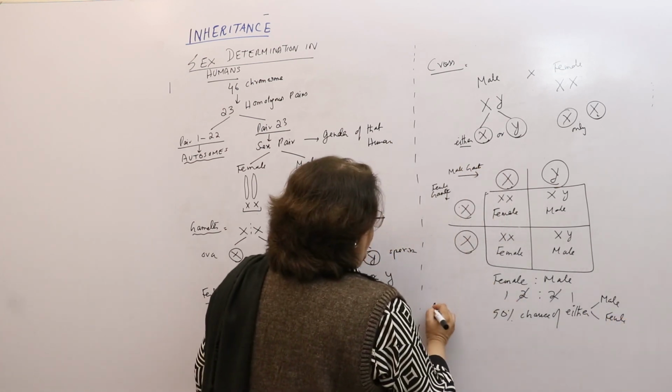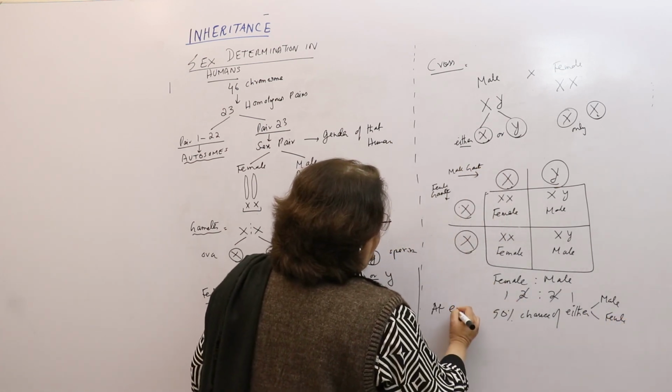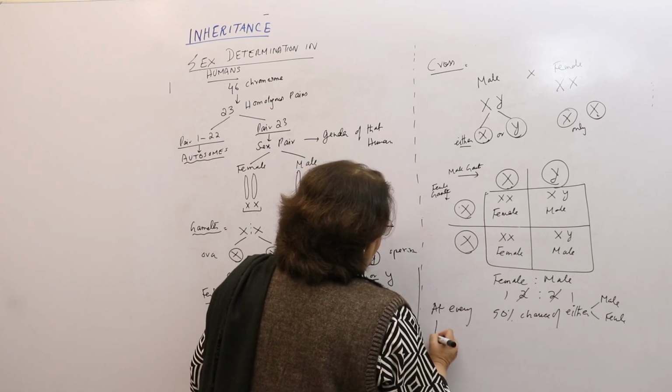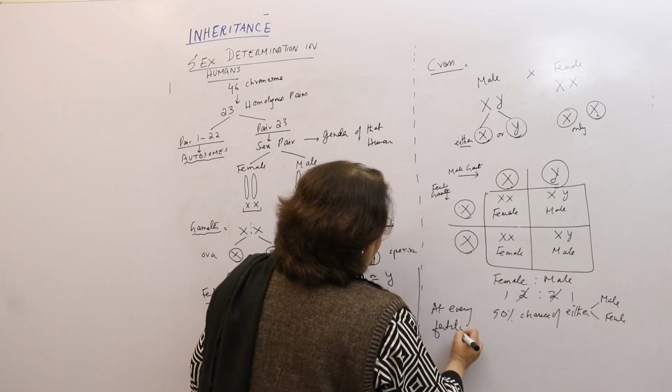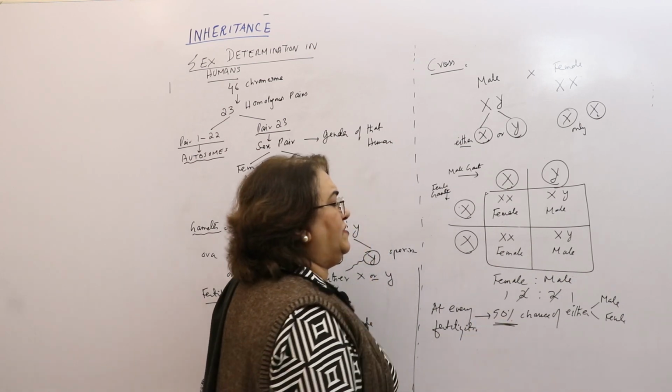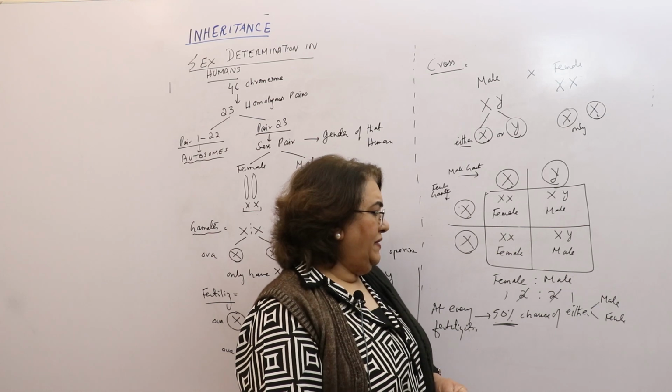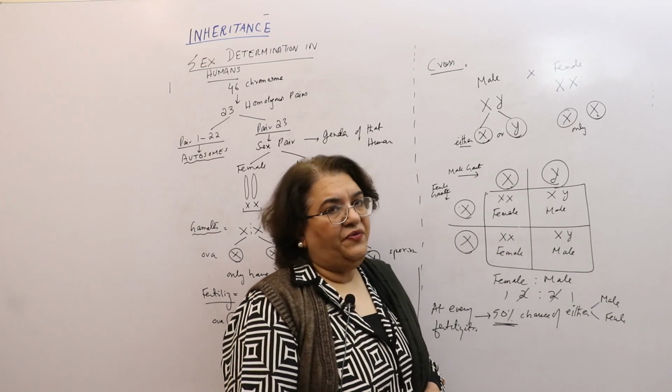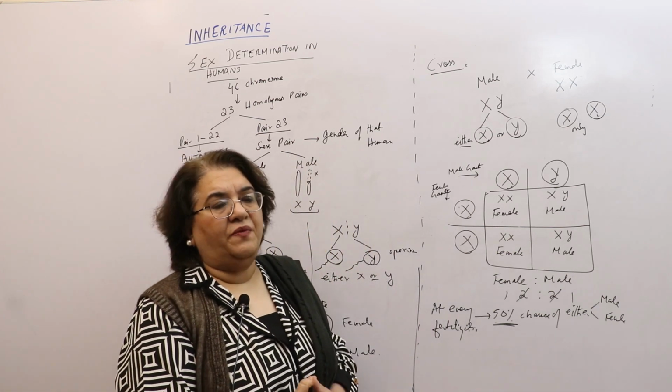At every fertilization, nature has given both genders an equal chance. There is half a chance of the zygote being a male and half a chance of it being a female. All right, so I hope you've understood the topic. Thank you.